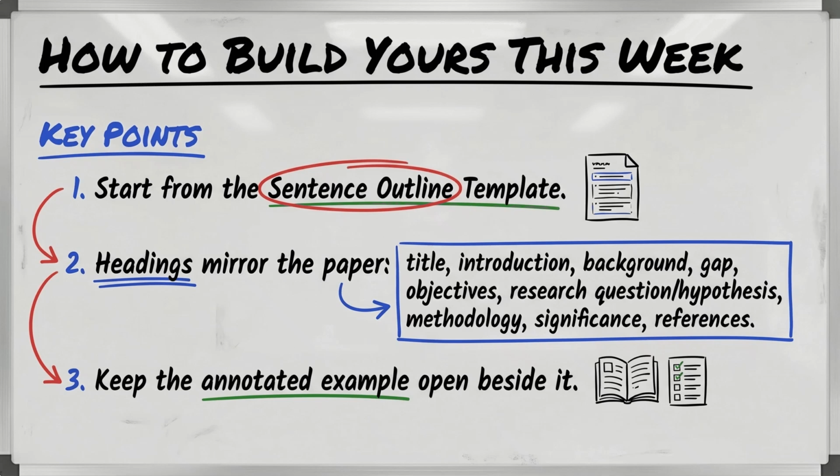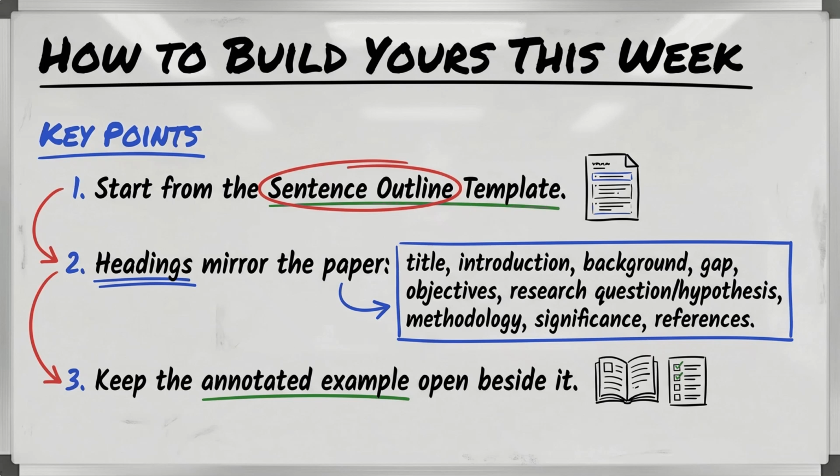You'll start with the sentence outline template I've provided. Notice that its headings already mirror the structure of your final paper. Title, introduction, background, the gap, objectives, research question or hypothesis, methodology, significance, and references.